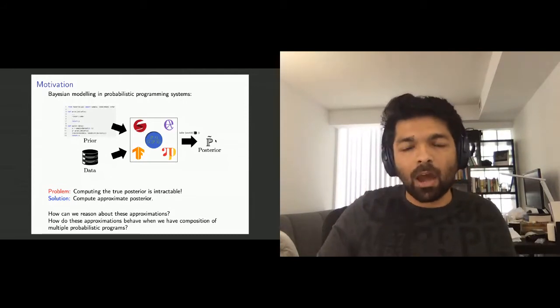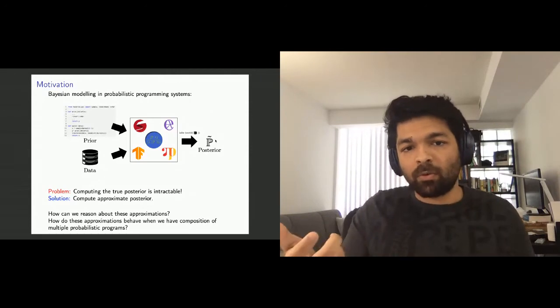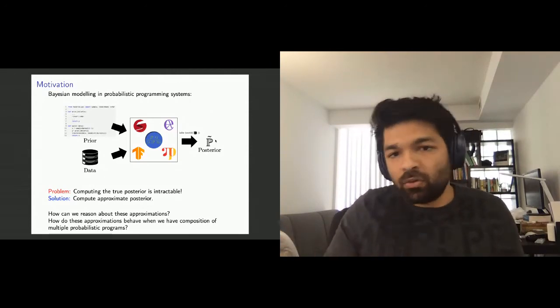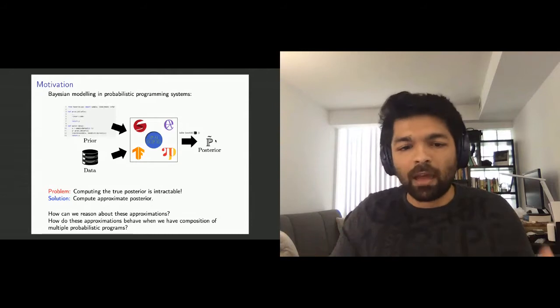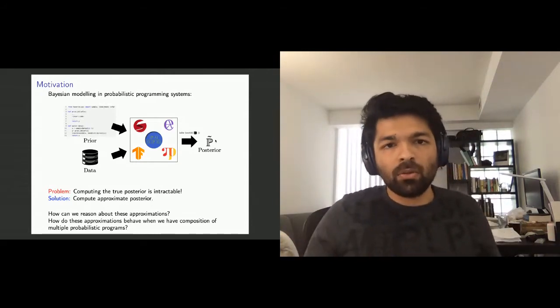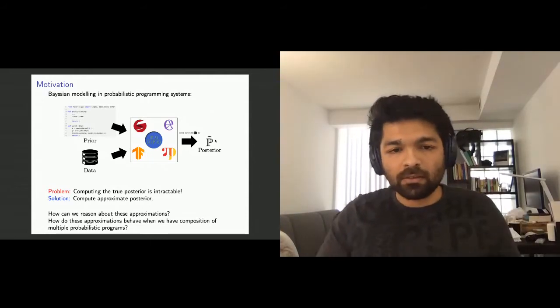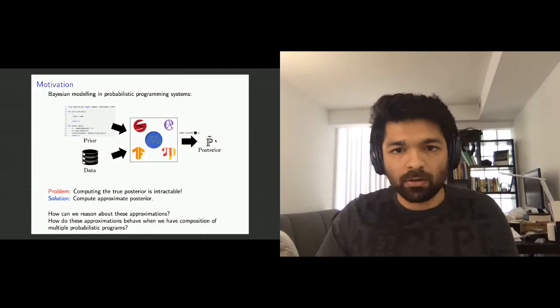When you have outputs of an approximate representation of a program fed in as input to another probabilistic program, we'll have these nested layers of approximations. So the goal of this work is to try to answer some of these questions, which we believe is very important.